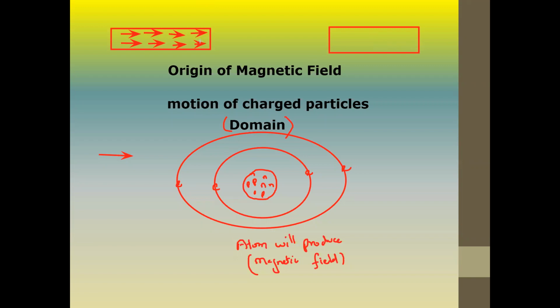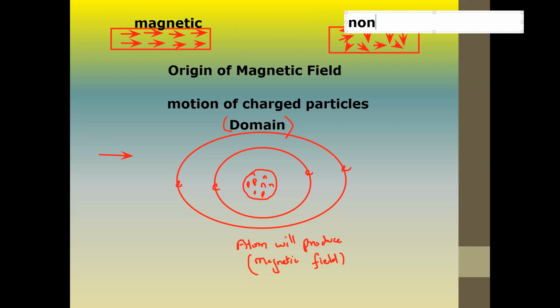So when the domains or atoms are aligned, that material will be a magnetic material. But there are materials in which these domains or atoms are not aligned. Domains are there, but they're not arranged. So as a result, this material will be a non-magnetic material.